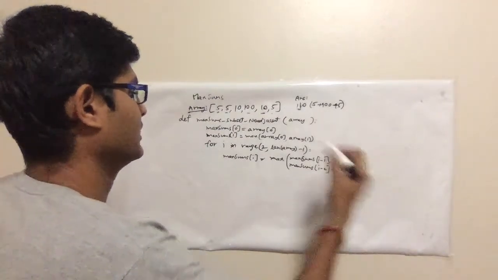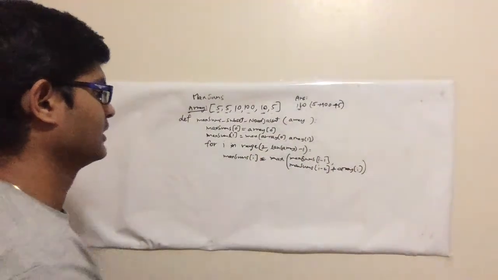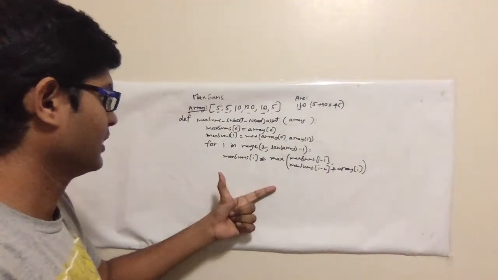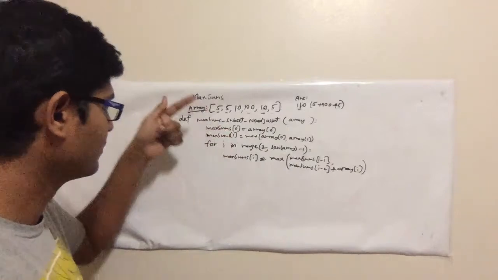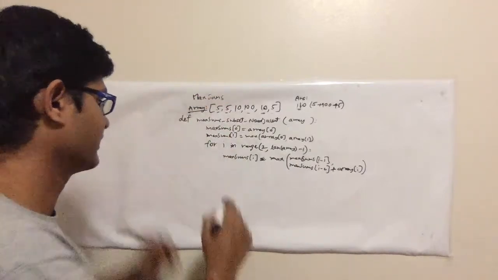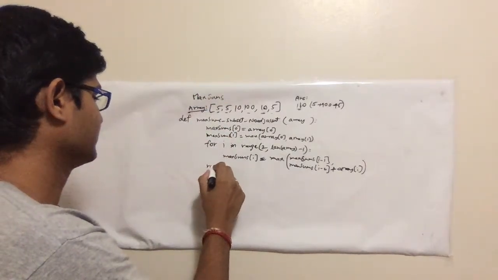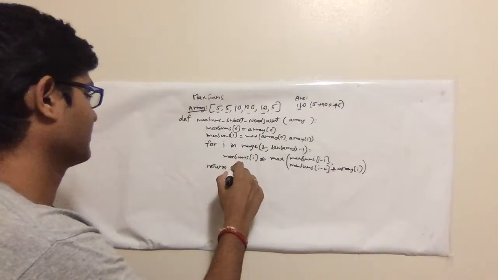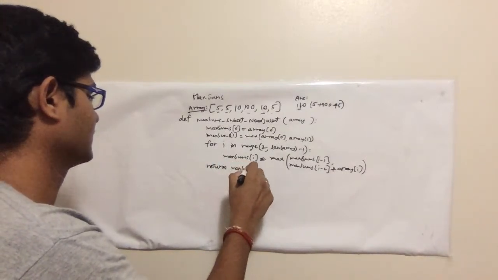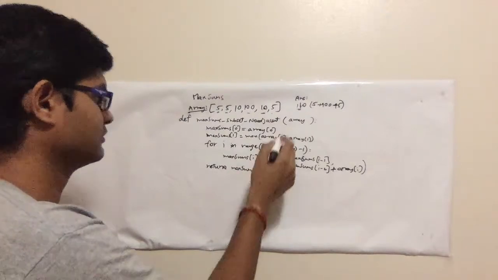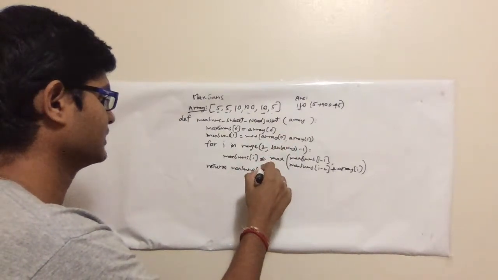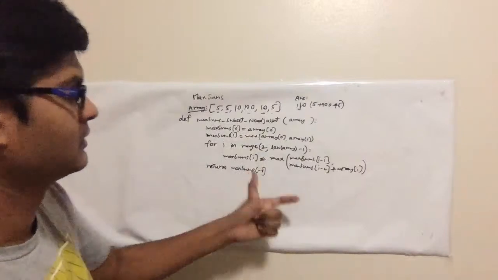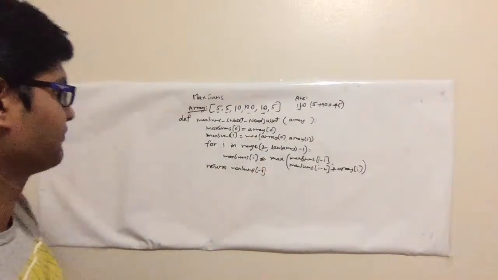This would be the maximum sum. So yeah, that's it. It will iterate through the whole given array and just return the maximum sums last element, which would be i minus 1 or n minus 1.